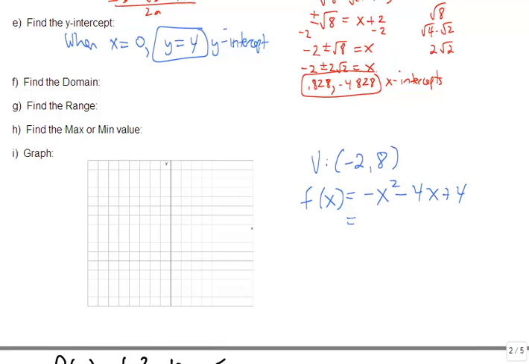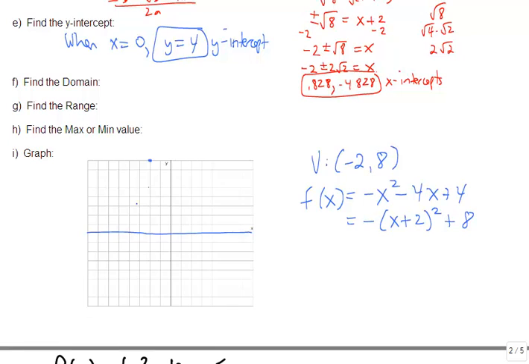Or in its vertex form, that was negative quantity x plus 2 squared plus an 8. So to graph this, the first thing I'm going to need to do is graph that vertex. So negative 2, 8. I'm going to put a dot right up there at the top.